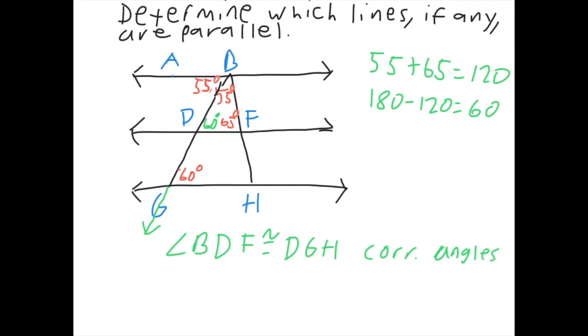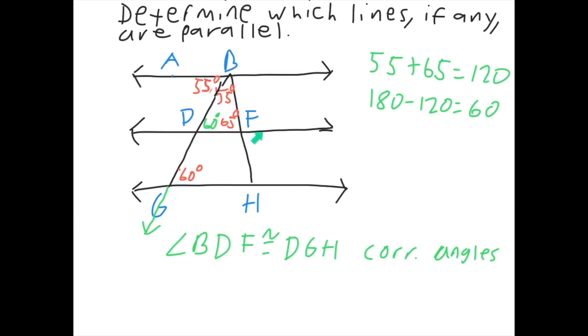You can abbreviate. So because of that, we know that those two angles are congruent because they're corresponding. So the two lines that they are related to are parallel because of the corresponding angle theorem.